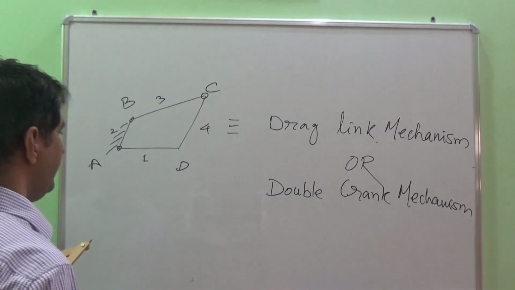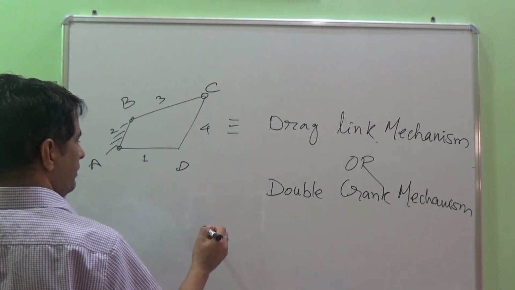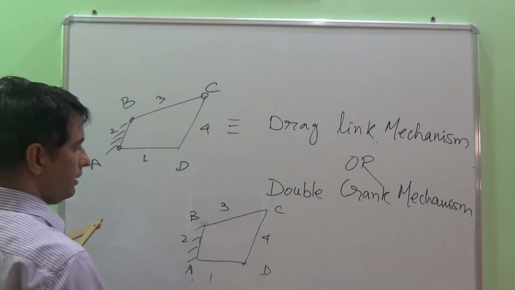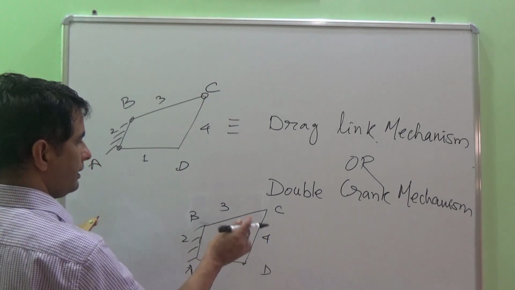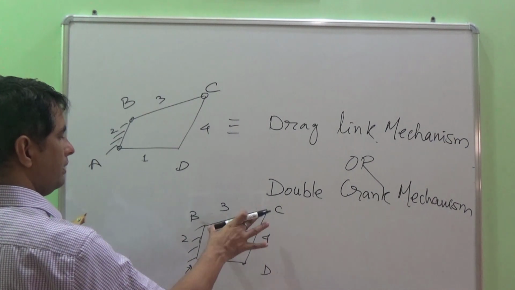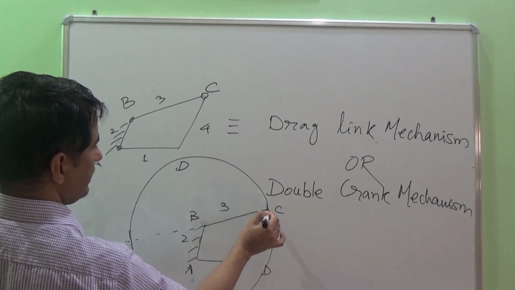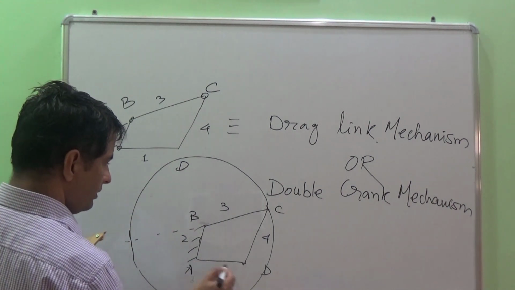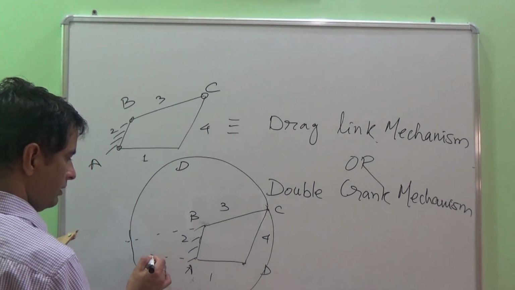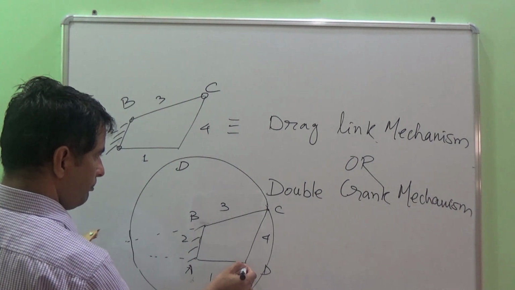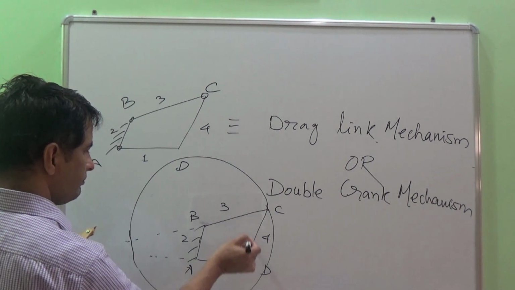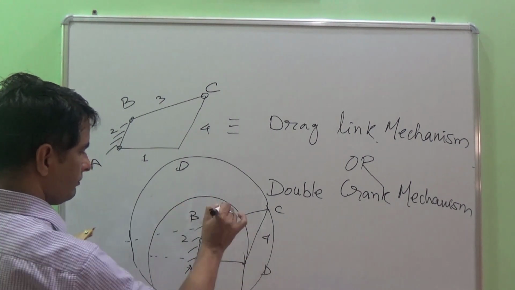So what exactly is happening in this case? Link 2 is fixed, and links 3 and 1 are rotating about these points. I can draw a circle to indicate the locus of point C, and another circle by keeping the locus of point D in mind.